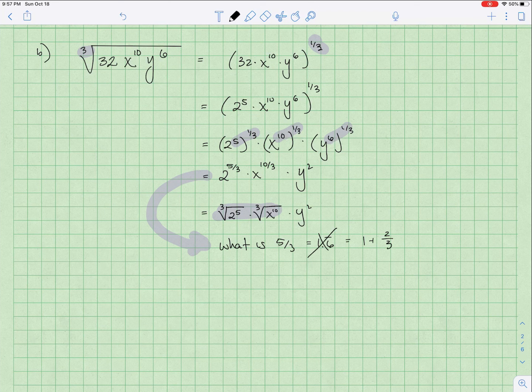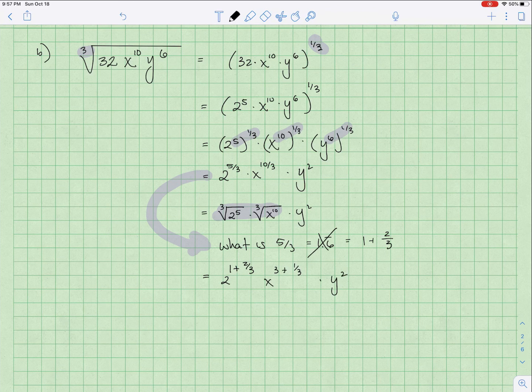So what we can do is we can rewrite this as 2 to the 1 plus 2/3 power. Now again, that is to say 3 goes into 5 one time with 2 left over. Just like 3 goes into 10 for x, 3 goes into 10 3 times with 1 left over. So I can write 10/3 as 3 plus 1/3.